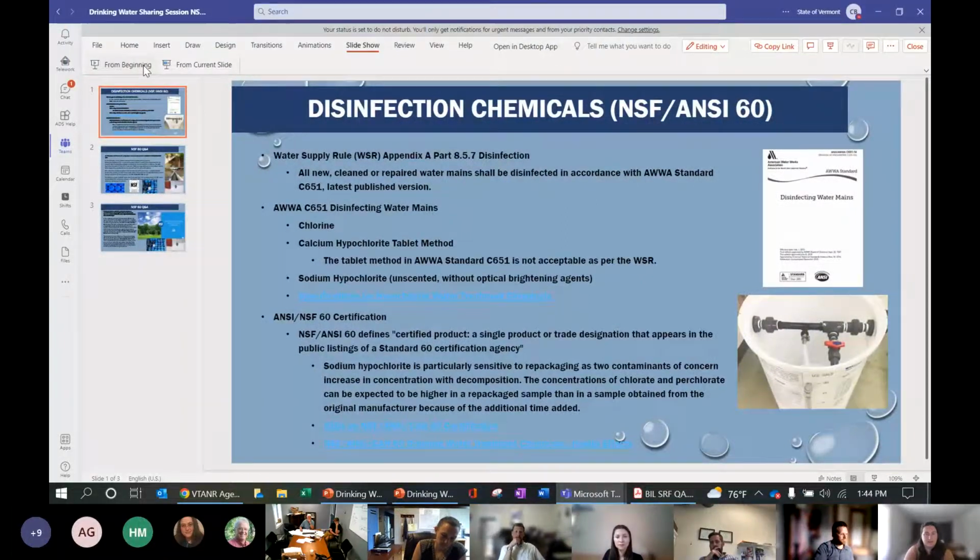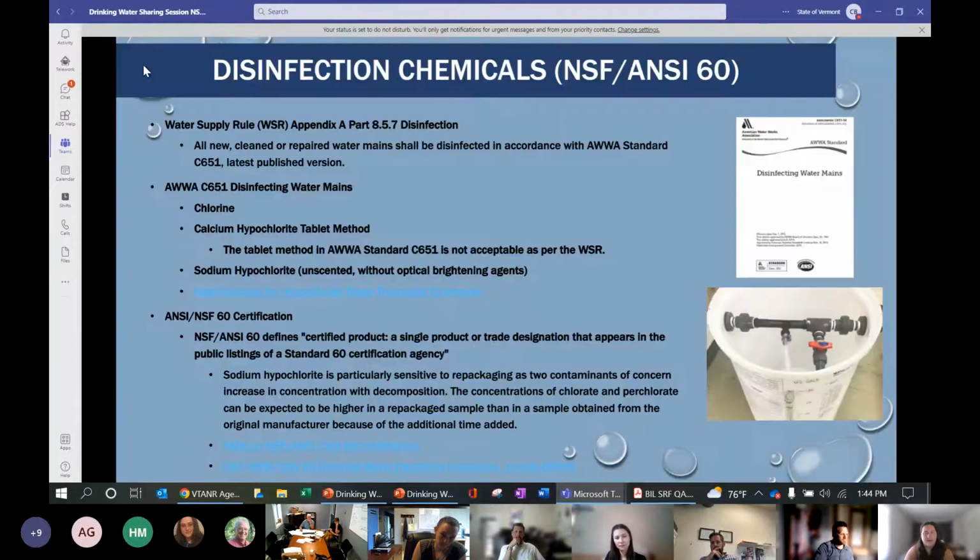So we were just going to talk a little bit about disinfection chemicals and the certification for NSF ANSI 60. Basically, as it relates to disinfecting new water mains, there's a part of the rule, 8.5.7, that calls out AWWA standard C651.